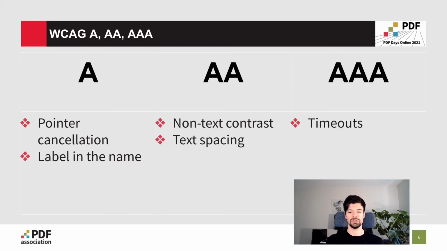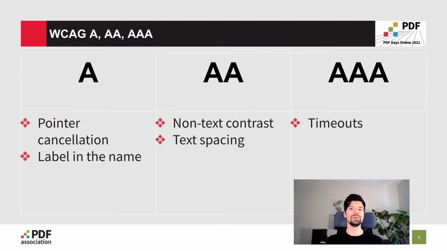We also want to make sure that we have all the labels in the name. And one of the other things that we haven't touched on is timeouts. Ideally, we want to have no timeouts at all. What we mean by that is ensuring that the user has as much time as they need to complete a certain task.